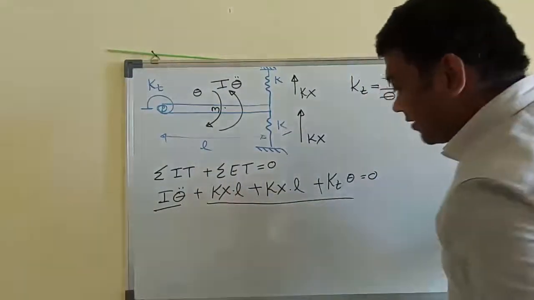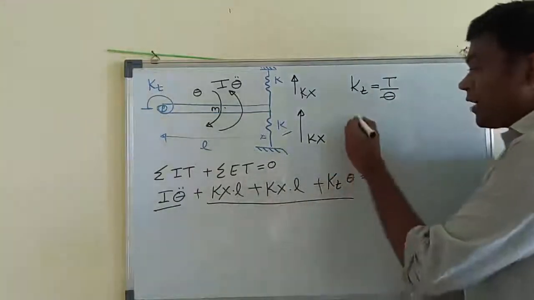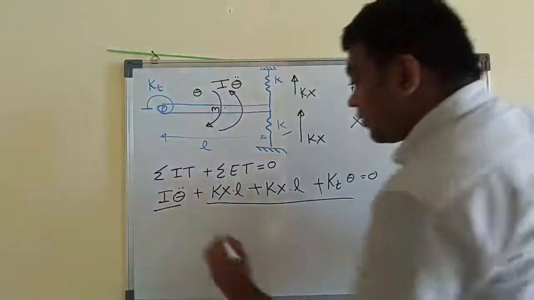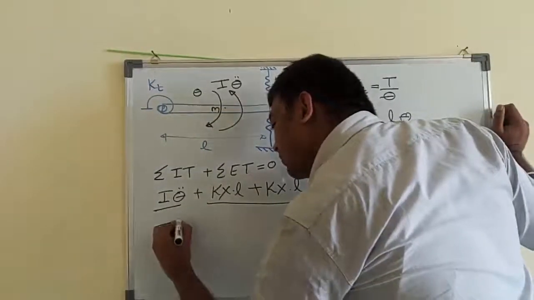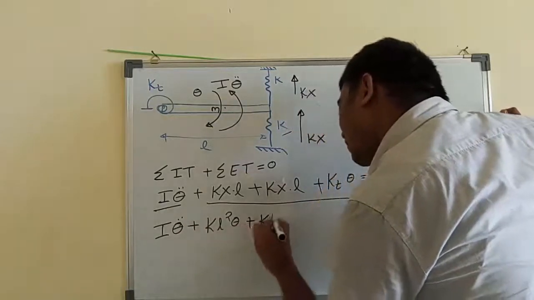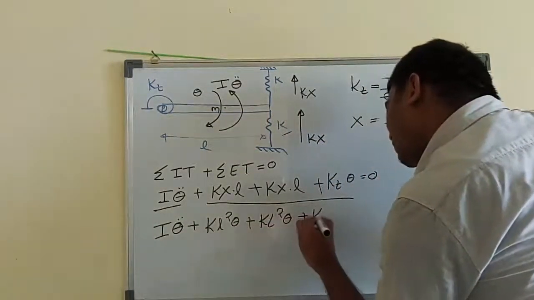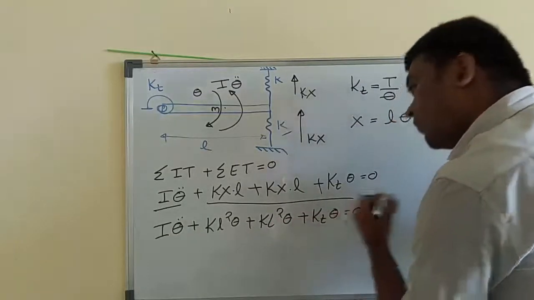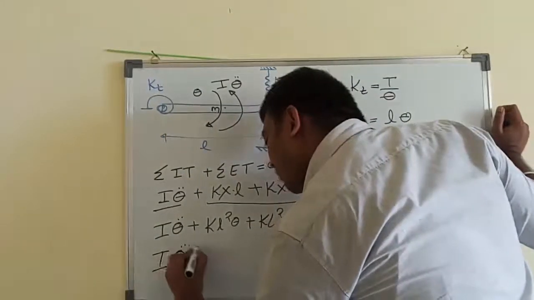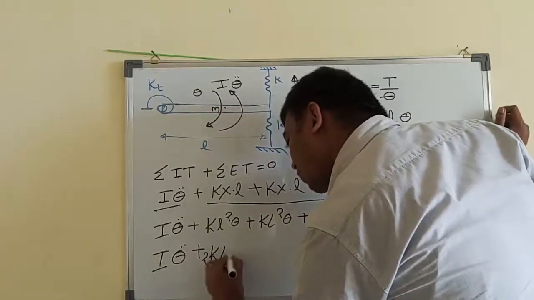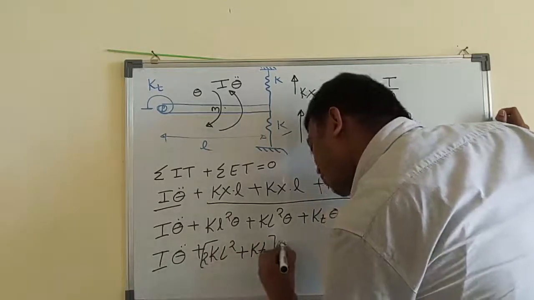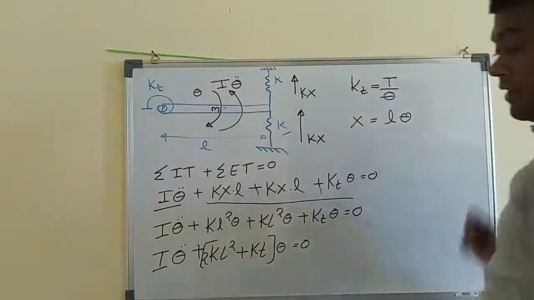Now, as we found x equals L theta, we substitute. It becomes I theta double dot plus k L square theta plus k L square theta plus kt theta equals 0. Now we take theta common: I theta double dot plus (2k L square plus kt) theta equals 0.